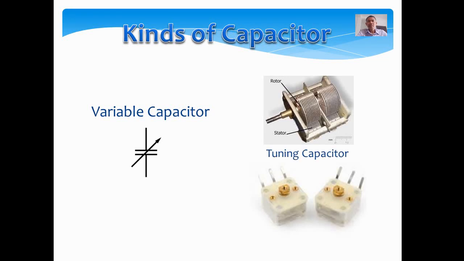Since capacitance greatly affects the frequency of a signal, the capacitor is used as a tuning capacitor, used on tuning your favorite stations on televisions or your favorite radio station.